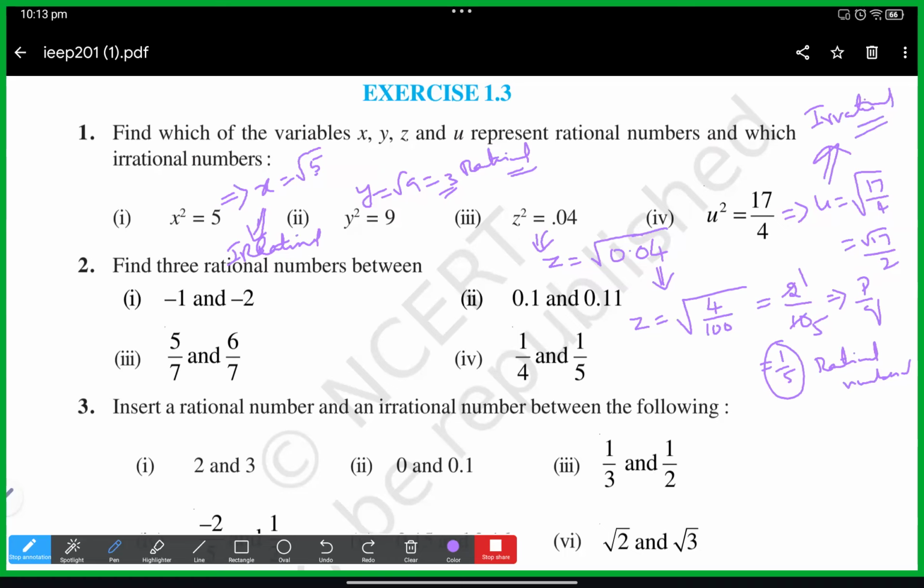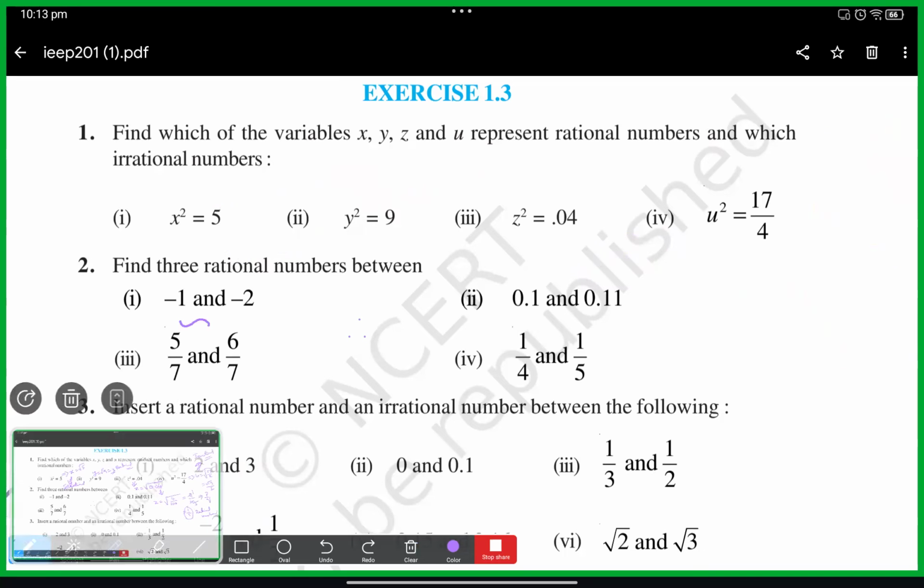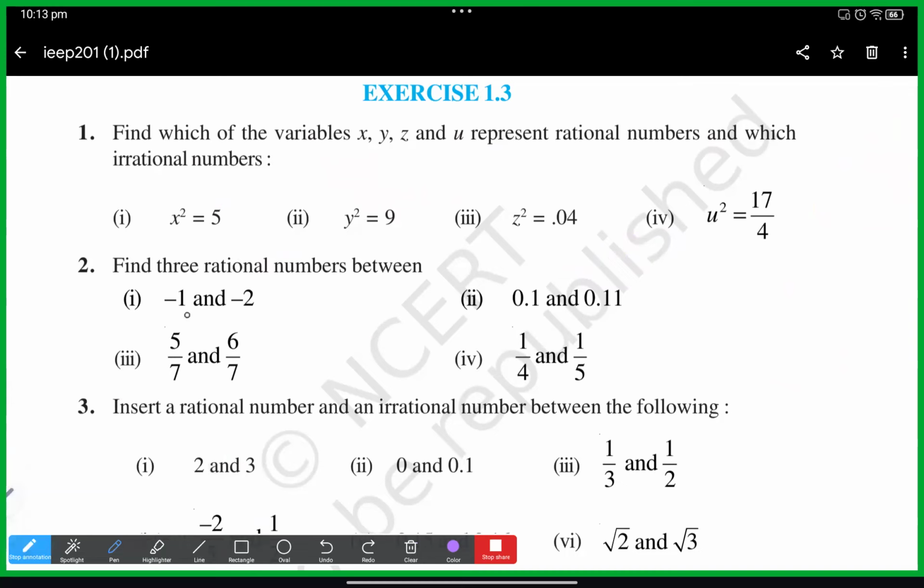So this is about the first question. Then the second one: find three rational numbers between -1 and -2. We can write in between -1 and -2 so many. Directly we can write -1.1, -1.2, -1.3.